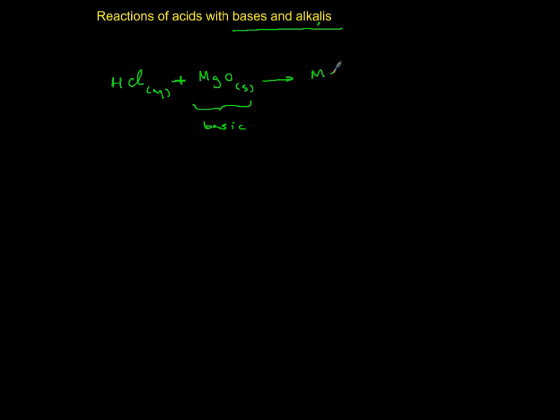It will give you a salt, MgCl2, plus the remainder is water, H2O, liquid. So acid plus base is salt plus water. Now this reaction has its own name and you are exposed to it. This is known as neutralization.